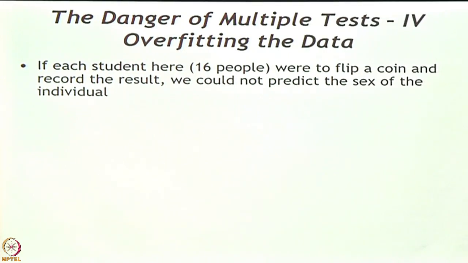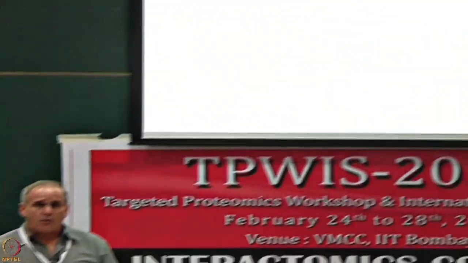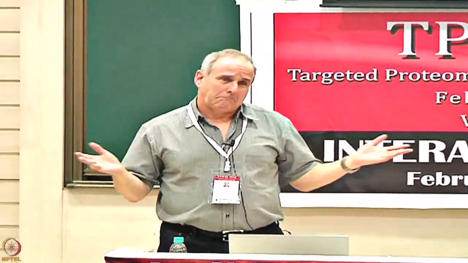And this is a lot like what you would see in an omics study. So if I asked every one of you to take out a coin and flip it and mark down whether you got a heads or a tails, what do you think the likelihood is that the result on the coin would predict the gender of the individual who flipped the coin? Nothing, right?